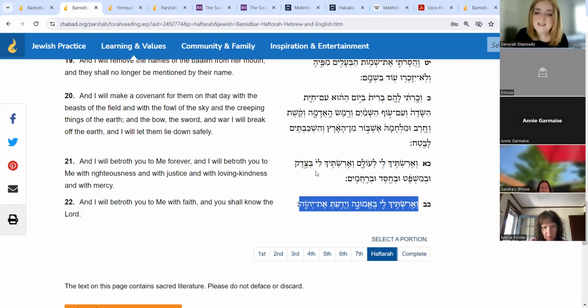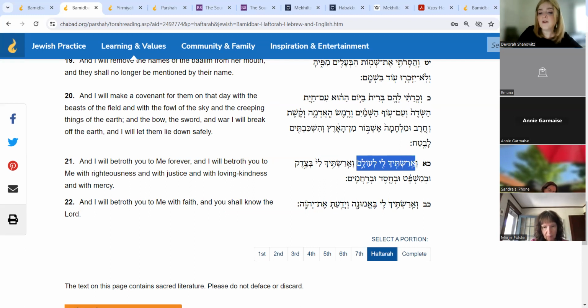So the Haftorah ends off with these very poetic, beautiful two verses, which talk about the fact that God says, after our wanderings and our strayings, that despite all the gulf that was created between us and God through the ups and downs of our history, the ending of our story is that God says about us that I will betroth you forever.